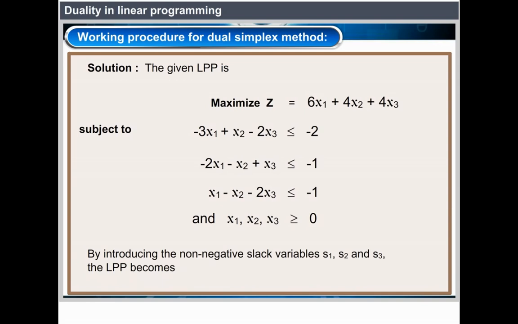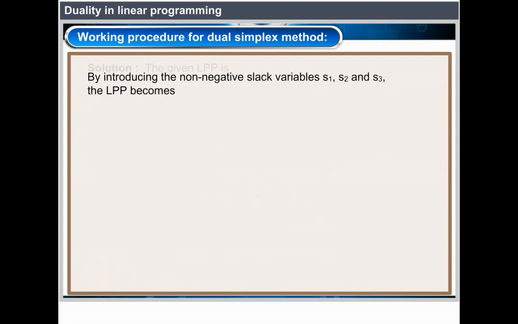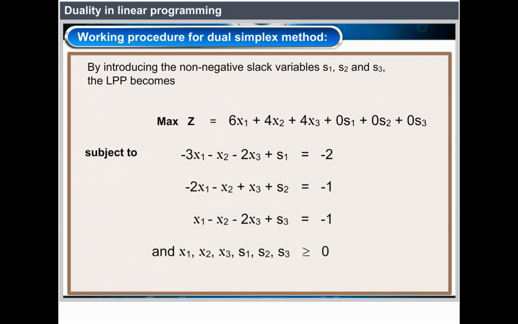By introducing the non-negative slack variables s1, s2 and s3, the linear programming problem becomes maximize z equal to 6x1 plus 4x2 plus 4x3 plus 0s1 plus 0s2 plus 0s3 subject to minus 3x1 minus x2 minus 2x3 plus s1 equal to minus 2, minus 2x1 minus x2 plus x3 plus s2 equal to minus 1, x1 minus x2 minus 2x3 plus s3 equal to minus 1, and x1, x2, x3, s1, s2, s3 greater than or equal to 0.